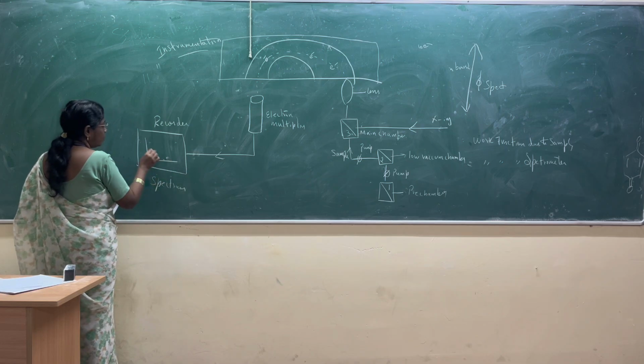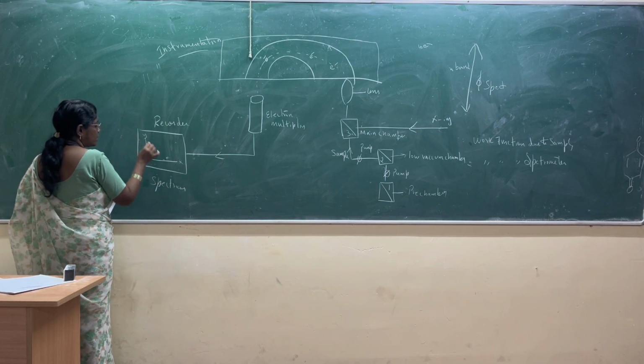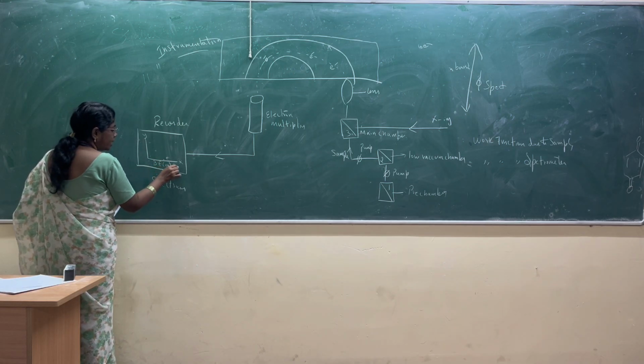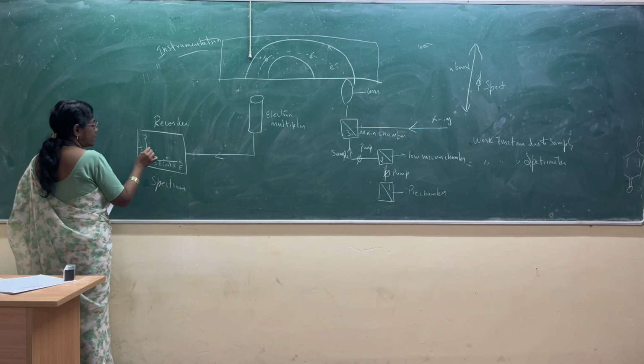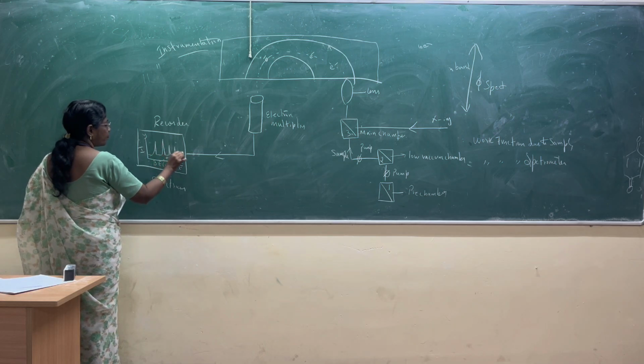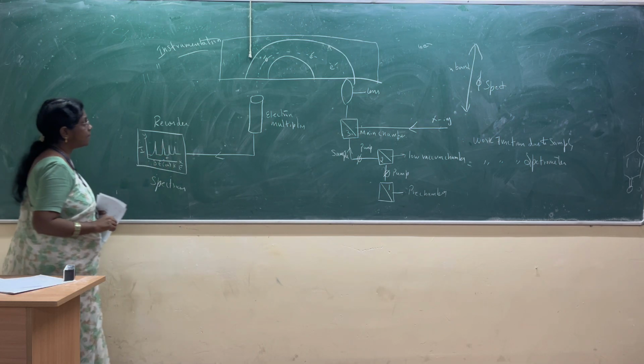In this spectrum, we are taking the x-axis and y-axis. The x-axis is binding energy or kinetic energy versus intensity on the y-axis. So we can get the intense peak.